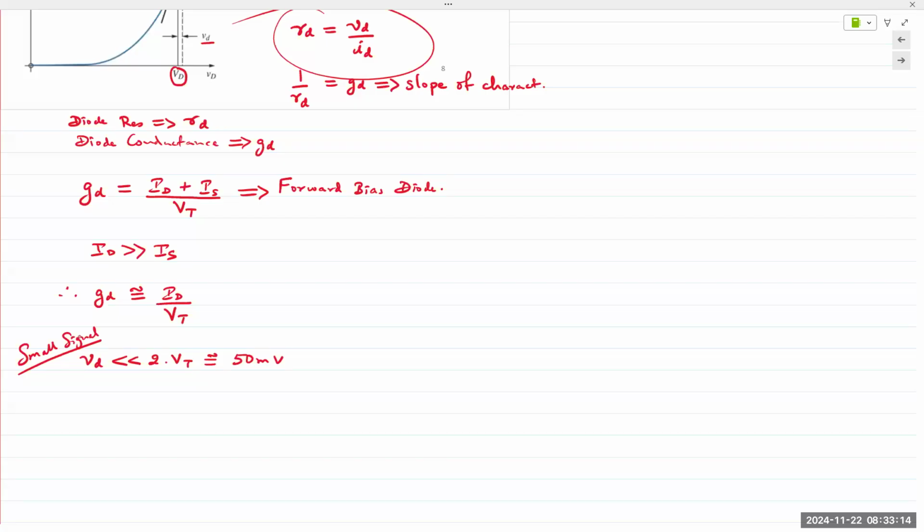If we take a ratio of 1:10, we can approximately write that the shift for the diode must be approximately equal to 5 millivolts to be considered small signal and to be considered linear.